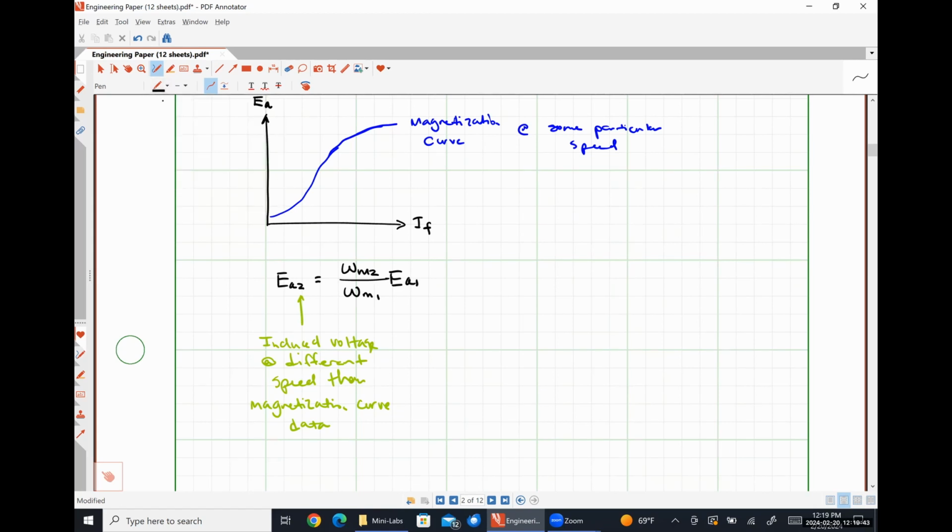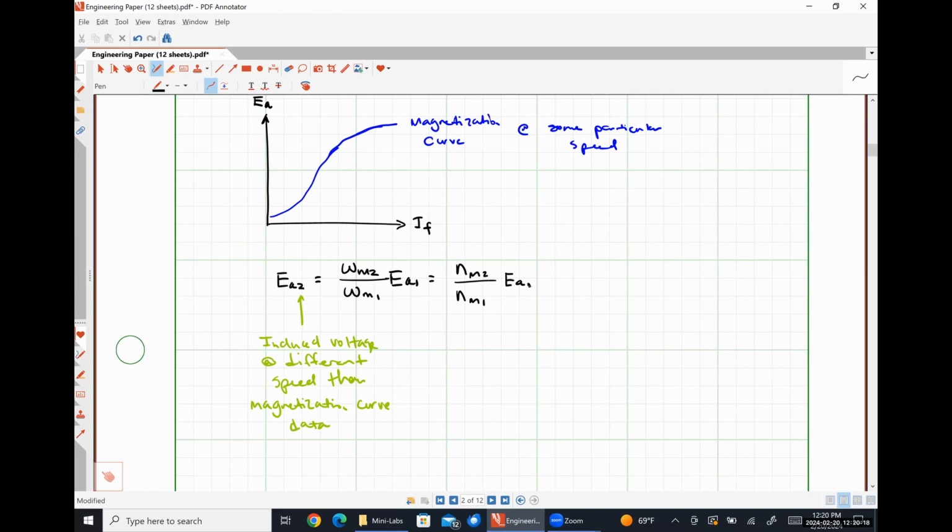So this is in terms of angular frequency. We can also put it in terms of our rotor speed as expressed in RPMs. So it's going to give us the exact same relationship, NM2 over NM1 times EA1. So that one single magnetization curve is all we would ever need to understand how it's going to operate for any field current and any speed. Okay.